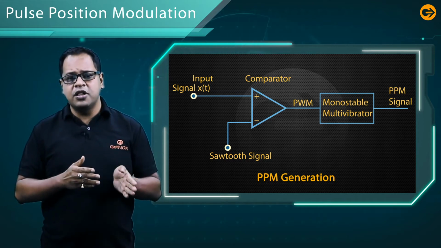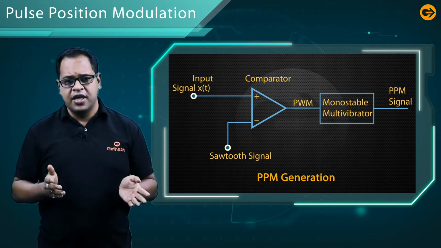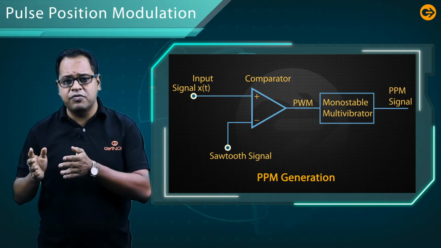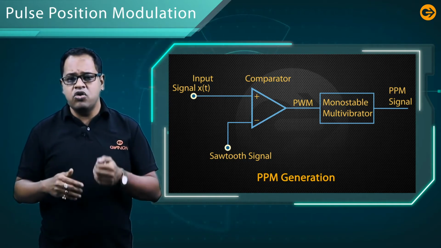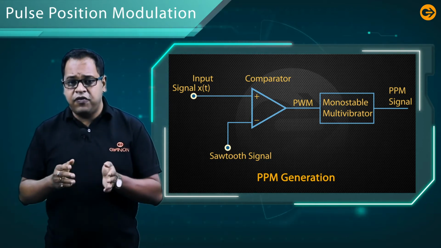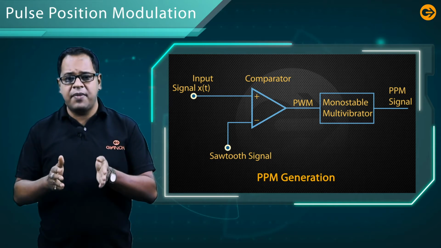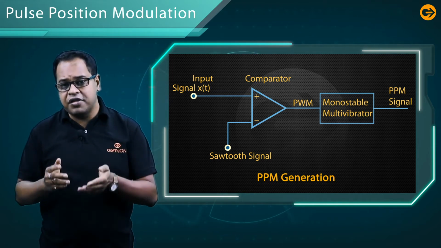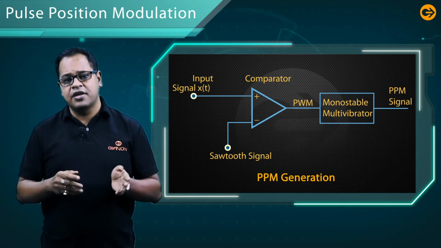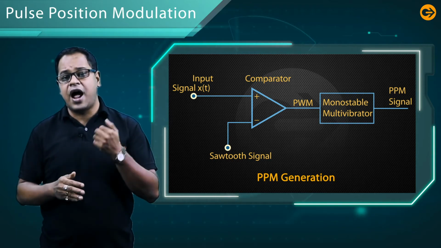The monostable is negative edge triggered. Hence, corresponding to each trailing edge of the pulse width modulation signal, the monostable output goes high. It remains high for a fixed time decided by its own RC component. What is RC? RC is basically the resistance capacitance component.